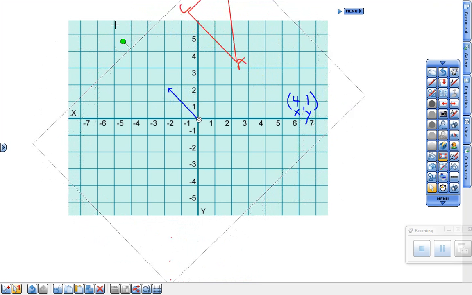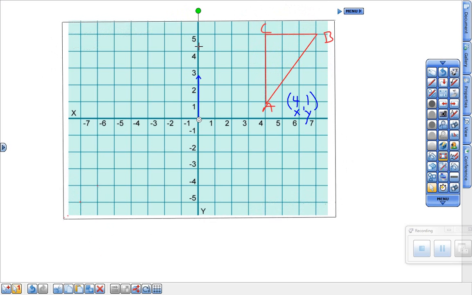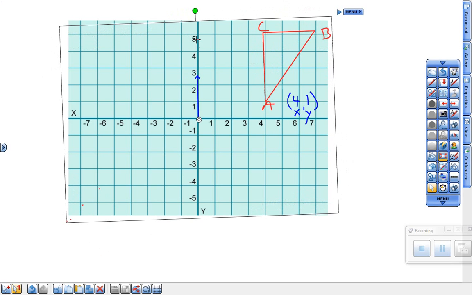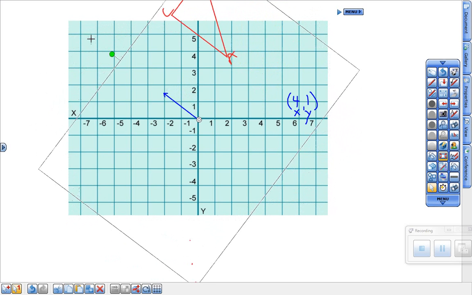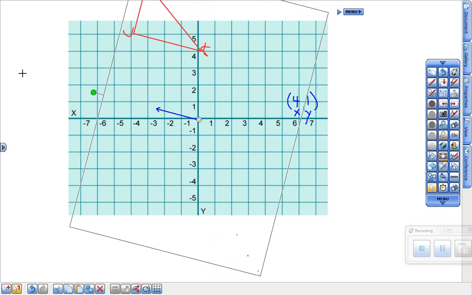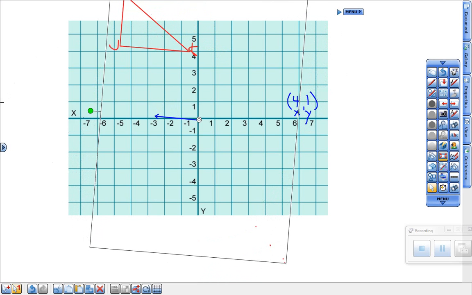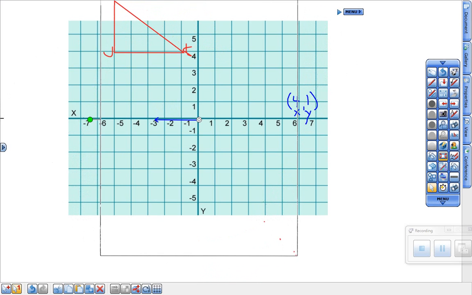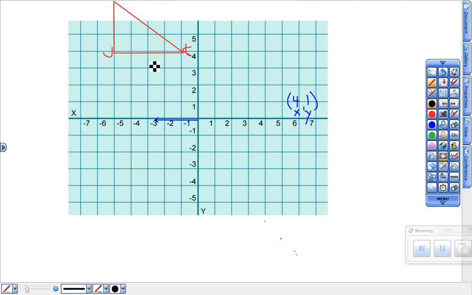So you can see it originally was right here at 4, 1. But now as I'm rotating it, watching that blue arrow do the 90 degree turn to the left, I can see after that rotation, it's now right here. And that's going to be close enough for me. And that is the point -1 for x, comma 4. So you can see I took that point and flip-flopped it and made the x negative.